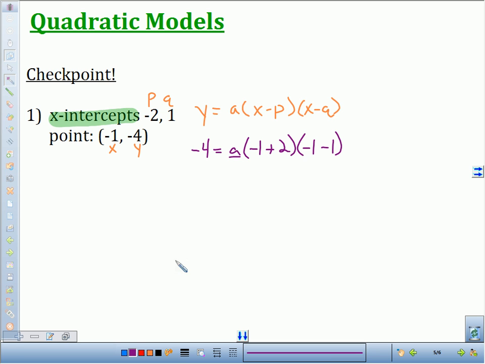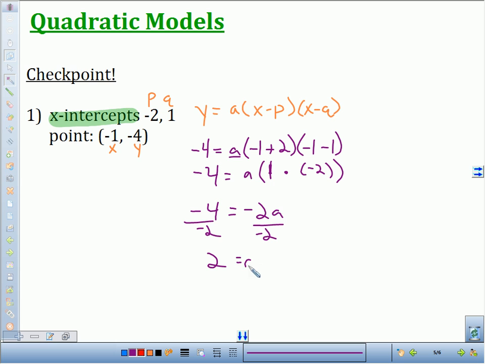Now, -1 plus 2 is just 1. So we have a times 1 times -2, because -1 minus 1 is -2. And that equals -4. We work this out, we get -2a equals -4. If -2a equals -4, then a equals 2.